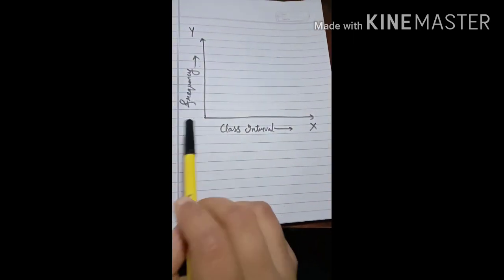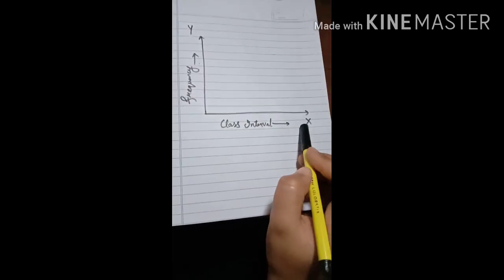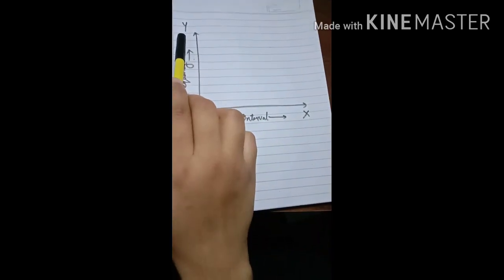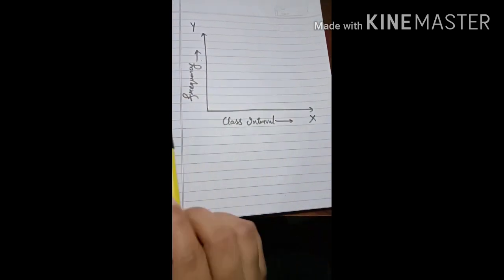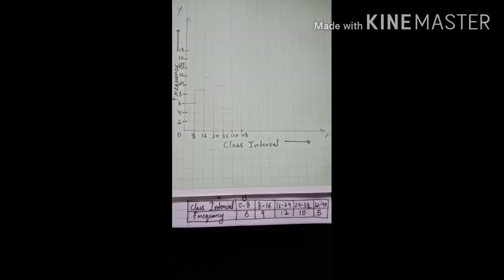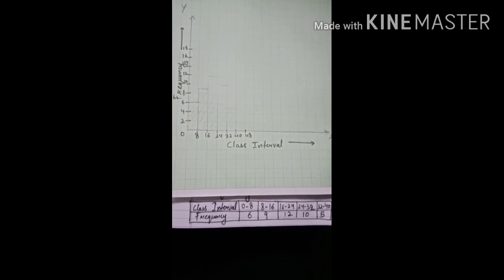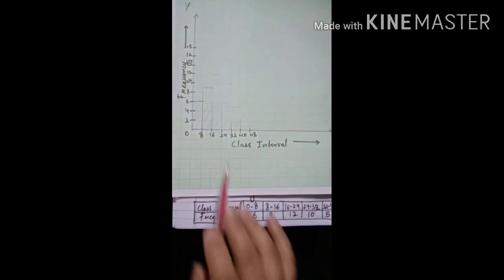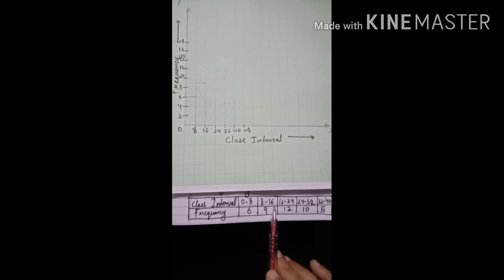First of all, we have to draw the graph on graph paper. Mark the x-axis and y-axis. The x-axis represents class interval and the y-axis represents frequency. Now mark the class intervals in the graph according to the numbers given: 0 to 8, 8 to 16.